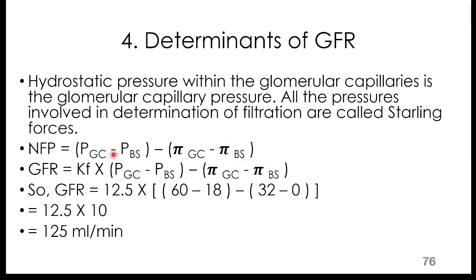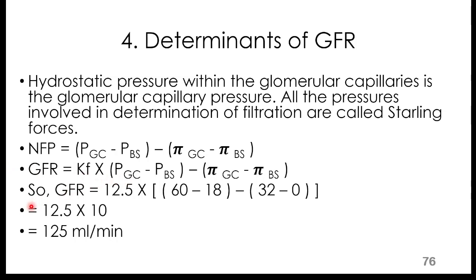All right. And so the glomerular filtration rate will now be what? It will be the filtration coefficient times the net filtration pressure, because everything here stands for the net filtration pressure. So glomerular filtration rate is the filtration coefficient times the net filtration pressure.